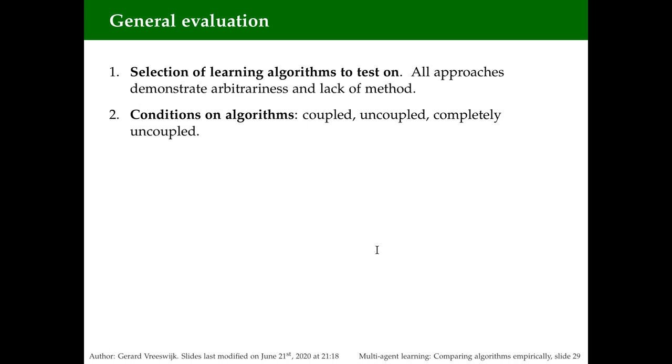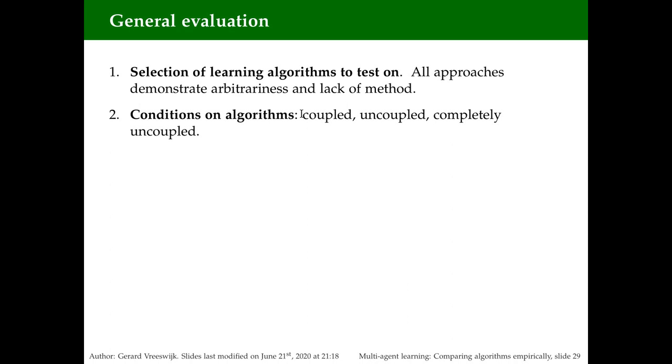Then the second point of criticism is that the algorithms are all different. They assume different knowledge. Some algorithms assume nothing, like reinforcement and satisfying play, and other algorithms assume knowledge of the payoffs of the opponent.